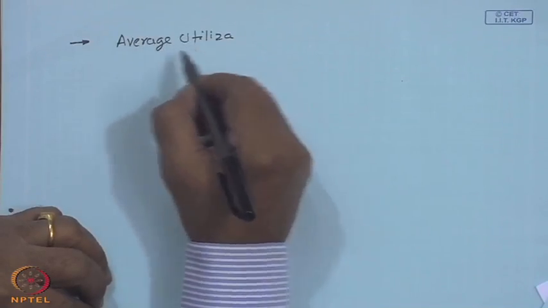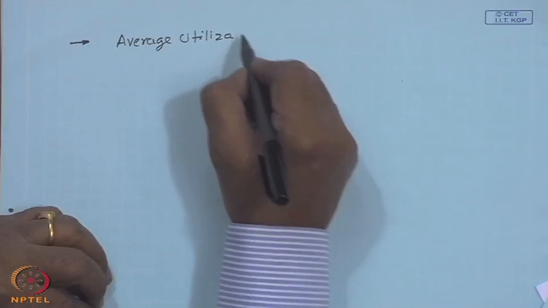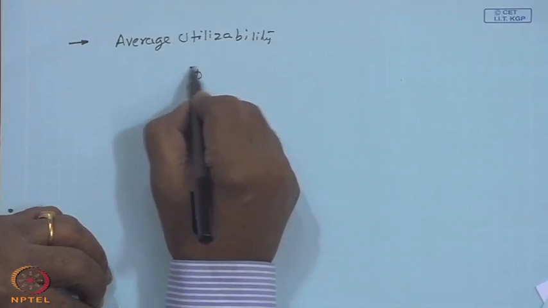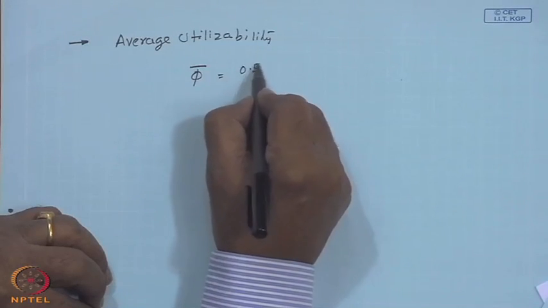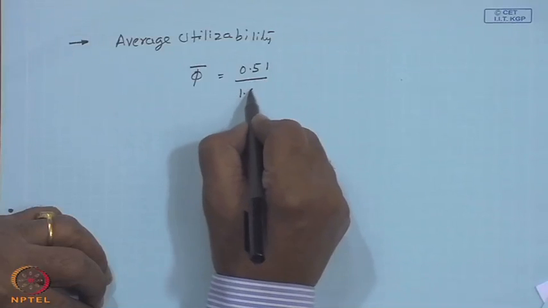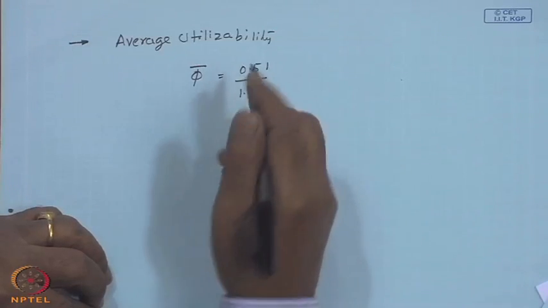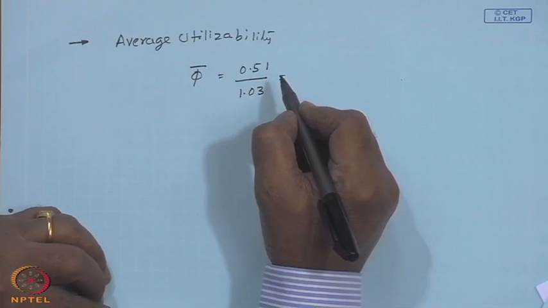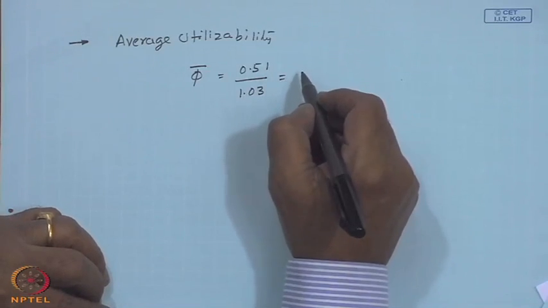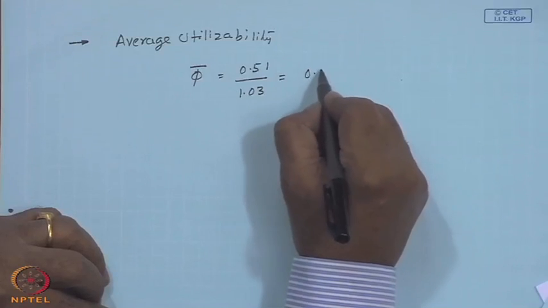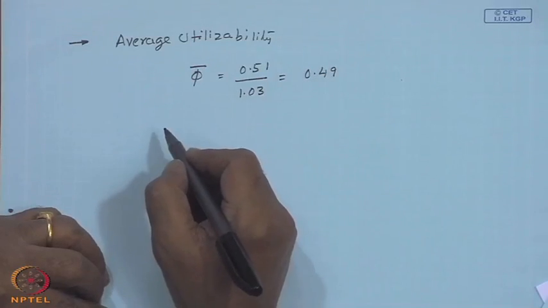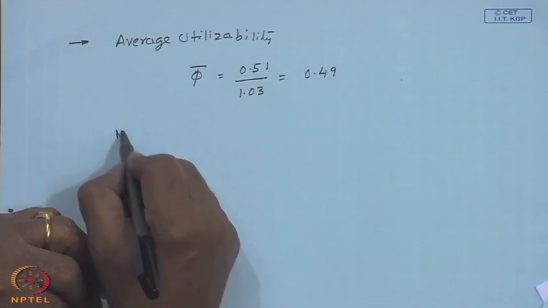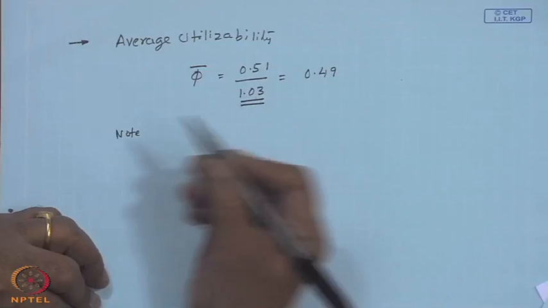So, utilizability corresponding to this average utilizability, which we just call phi bar, is 0.51 by 1.03 of T L by Y. That is right, Y is 1.03. Yeah. So, this will be equal to 0.49. So, again I just wanted to make sure you note how we got this number 1.03.